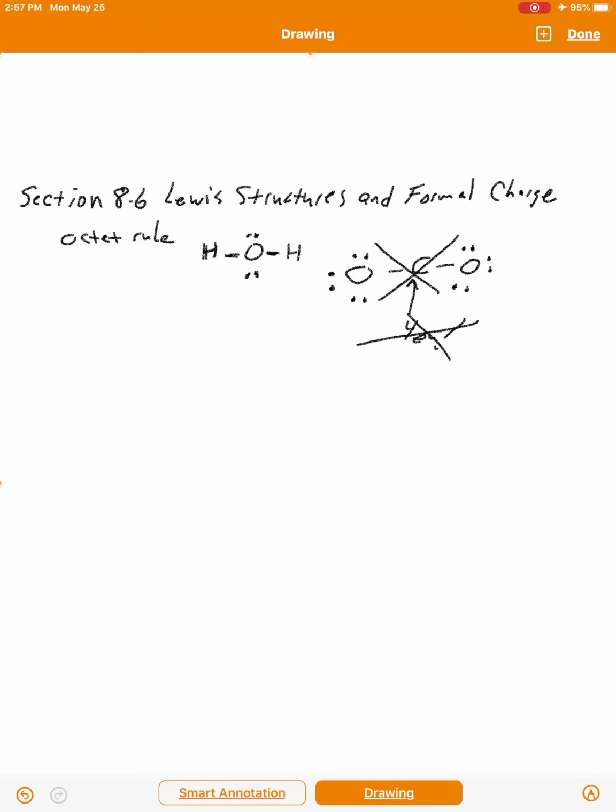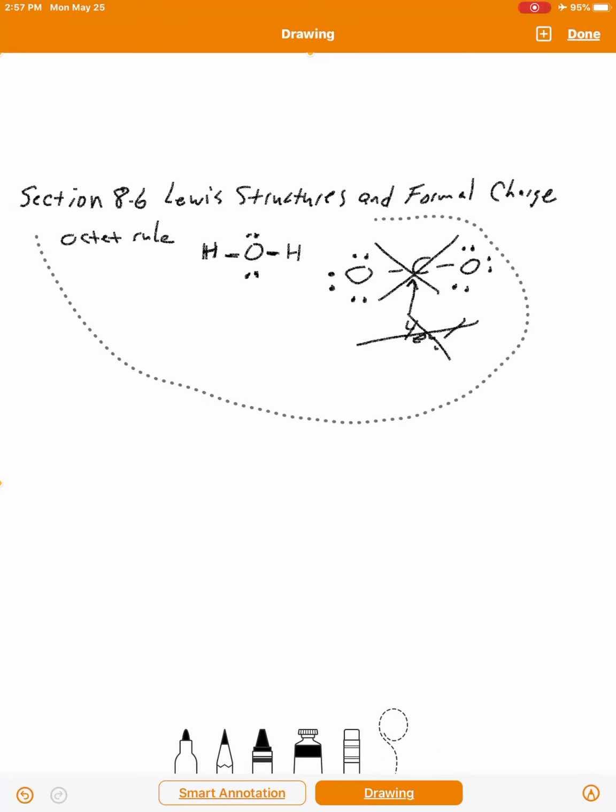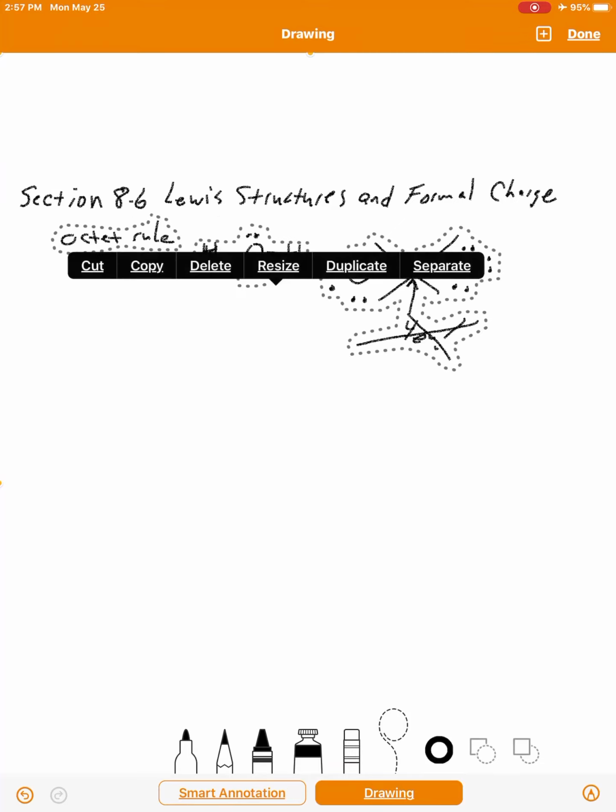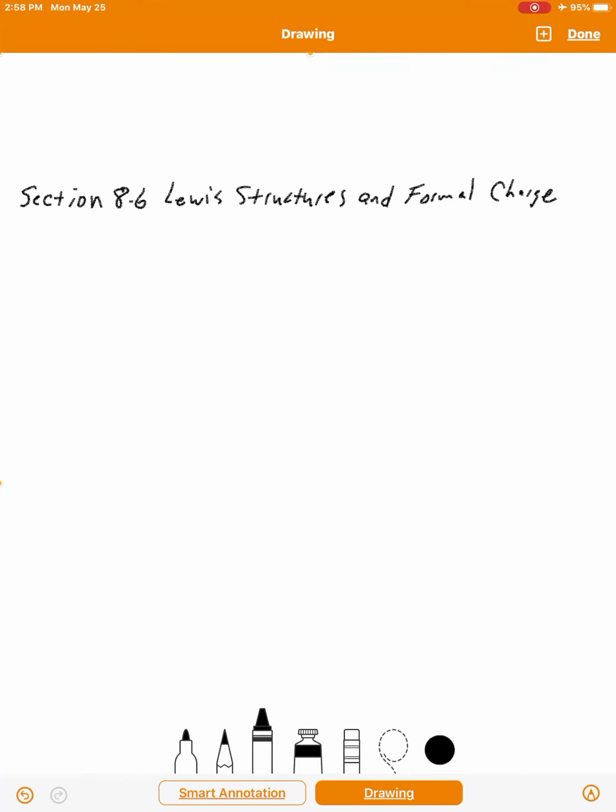But now we're going to use another method, which is called the formal charge, which is a calculation we do. Much in the same way that we calculate the octet, how many electrons are around the atom, we calculate the formal charge. So let me show you the equation you'll use. There aren't really symbols for this, so we just write it out in words.